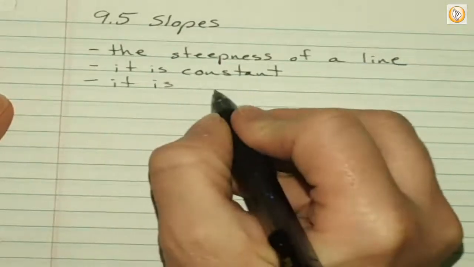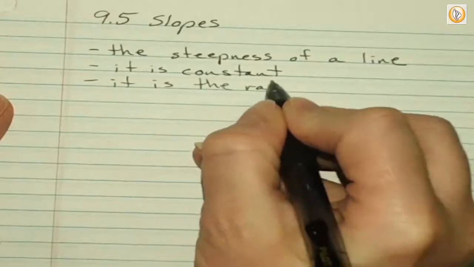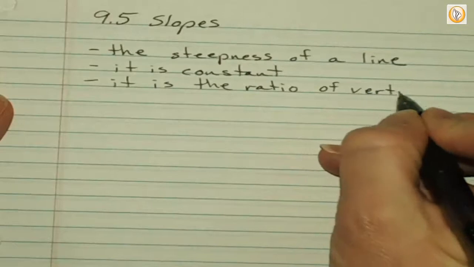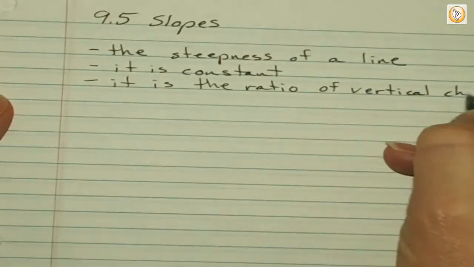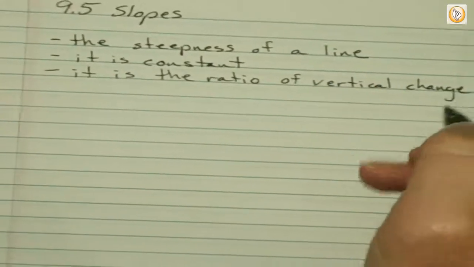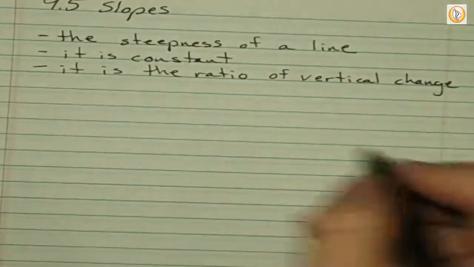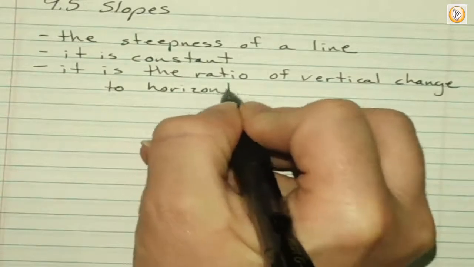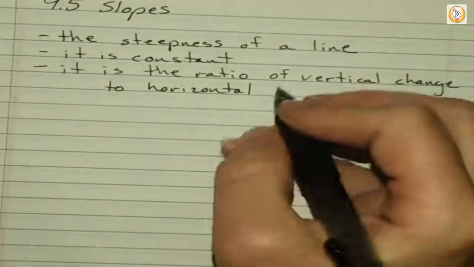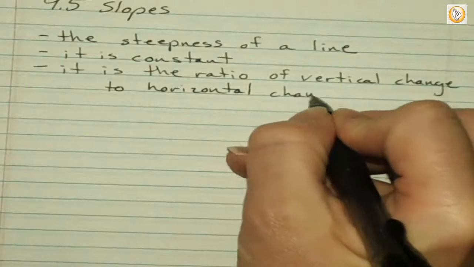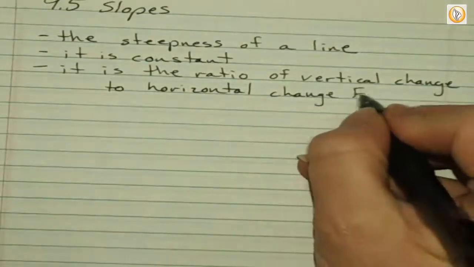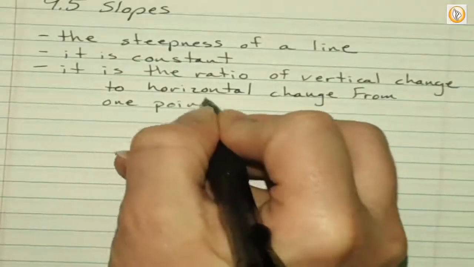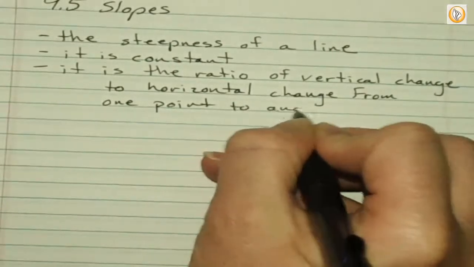It is the ratio of vertical change to horizontal change from one point to another.